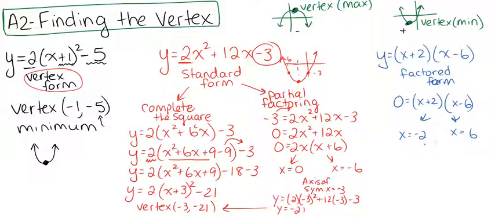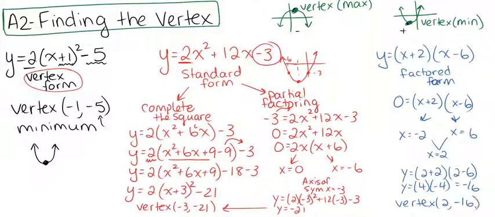So I know my axis of symmetry is going to be right in between those, which will be at 2. And then now I just need to set that back into my equation to find the y value of the vertex. So I get 4 times -4, which is -16. So I know my vertex will be at 2, -16.